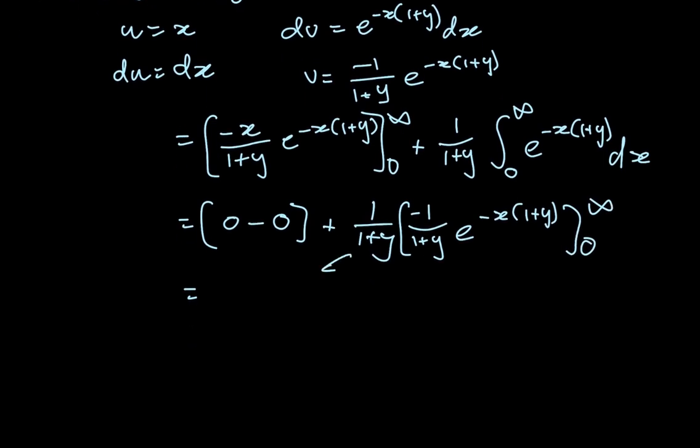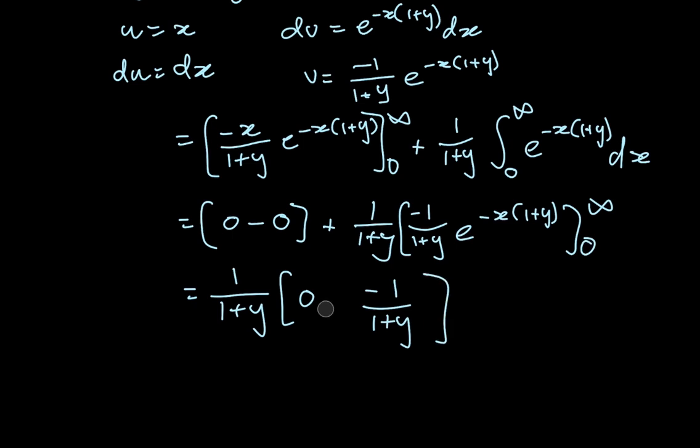Okay, so now I'm evaluating this expression here. If I substitute in, again in quotation marks, infinity for x, that's just 0, and then if I substitute in 0 for x and subtract this expression evaluated at 0 from this expression evaluated at infinity, I get 1 over 1 plus y times 0 minus 1 over 1 plus y times e to the 0, which is just 1.